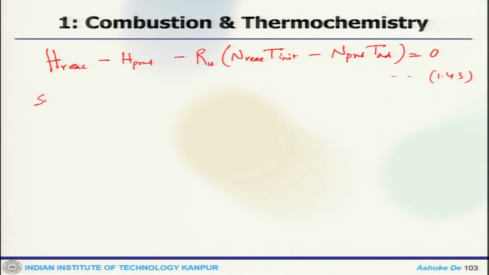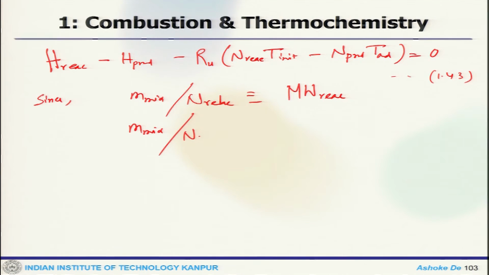Now, we have M mixture by N reactant, which is the molecular weight of the reactant, and M mixture by N product would be the molecular weight of the product.